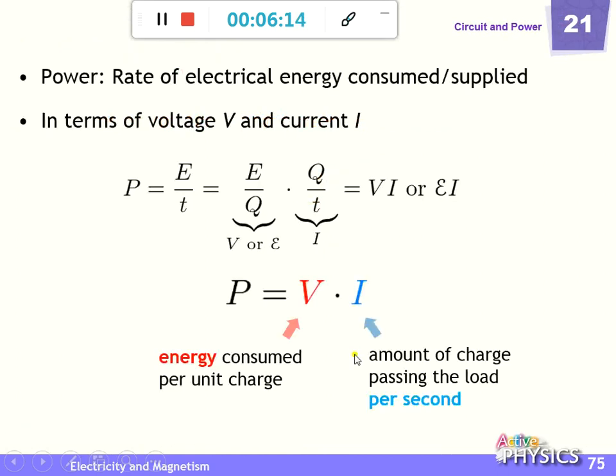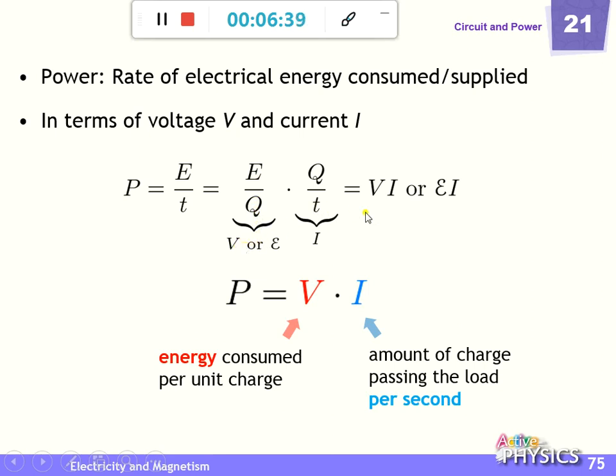Then what happened? We have this definition of power as energy over time. But can we add one more term into it, Q? Because when we add Q, you can see that Q over T is the definition of current. E over Q is the definition of the voltage.